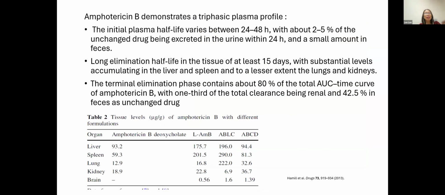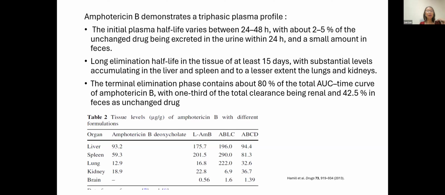Amphotericin B deoxycholate actually is a very unique drug. It has 3 phases. In the initial phase after your infusion, the plasma half-life varies between 24 and 48 hours, whereby a small portion of the drug at this interval will be excreted in the feces or through the kidney.